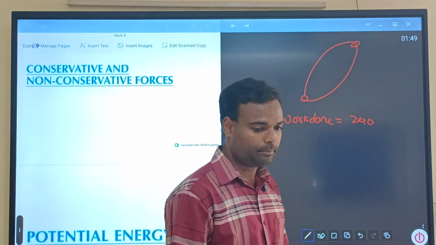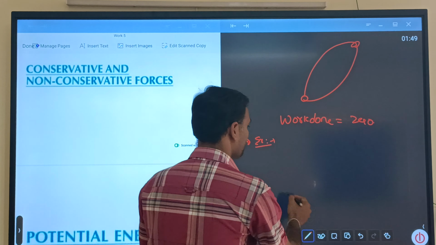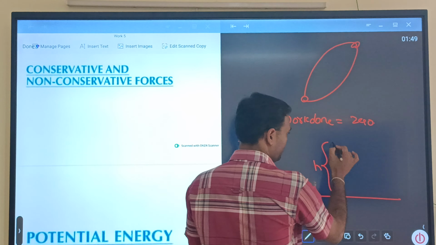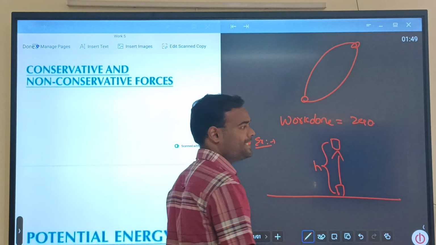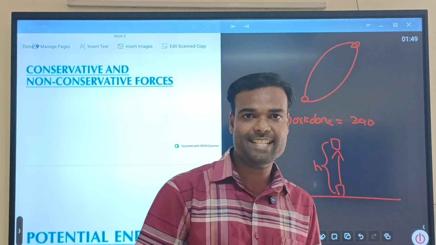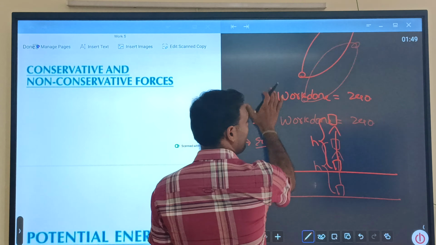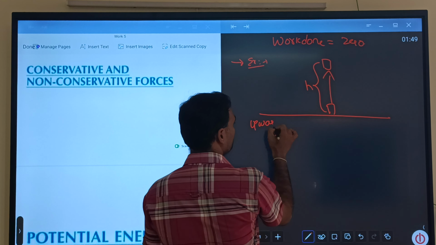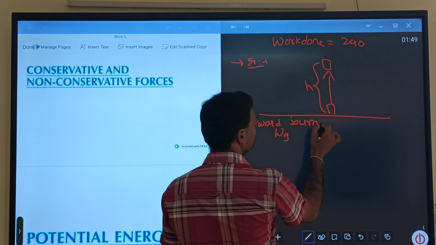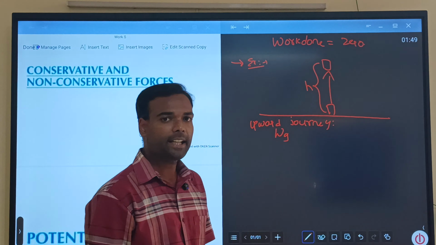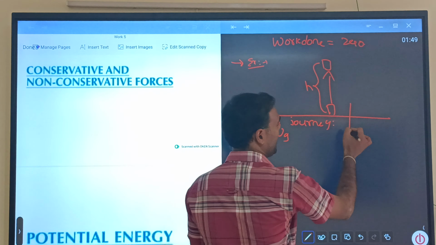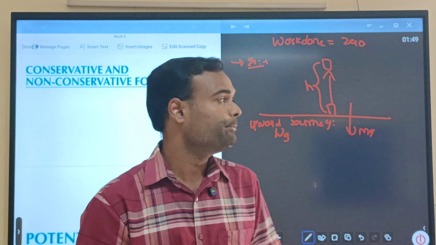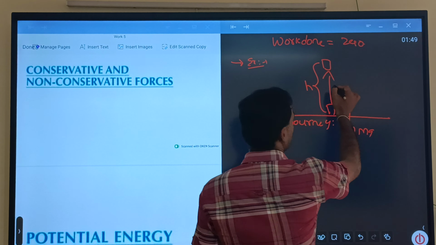Suppose an object is moving up a height h. Now, work done by gravity for the upward journey is equal to force dot displacement. mg is the force due to gravity, acting in the downward direction, and the displacement of the object is in the upward direction.